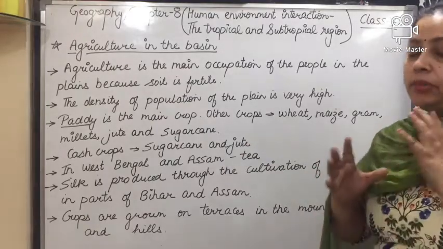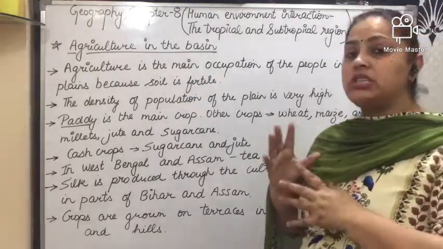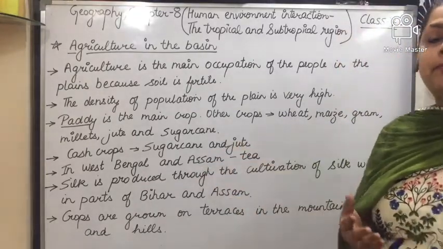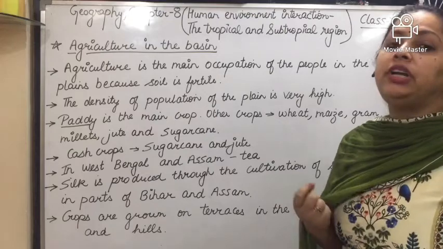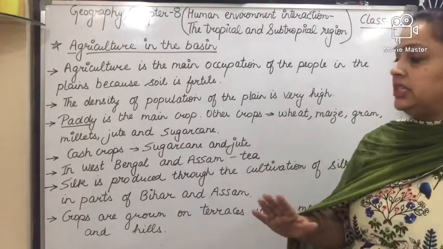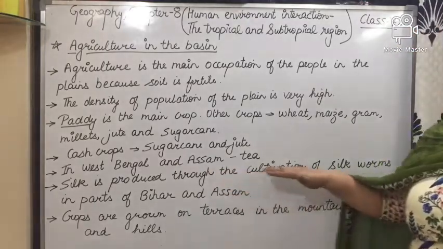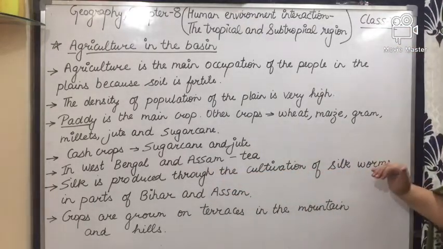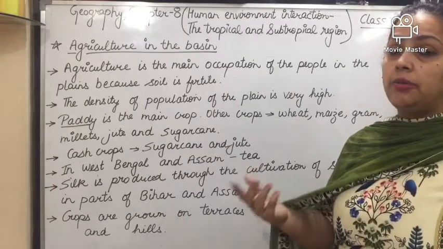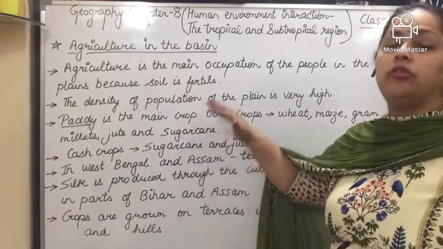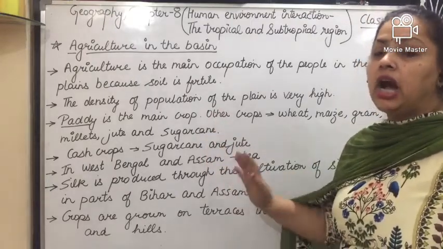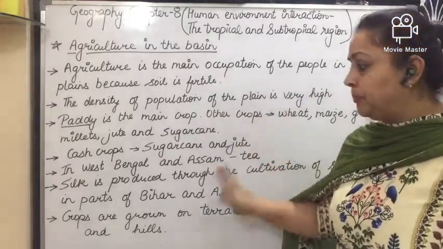And the most important thing is that in West Bengal and in Assam there is plantation of tea, and silk is produced through the cultivation of silkworms in parts of Bihar and Assam. See, so many crops are grown in different parts of the states under this basin.